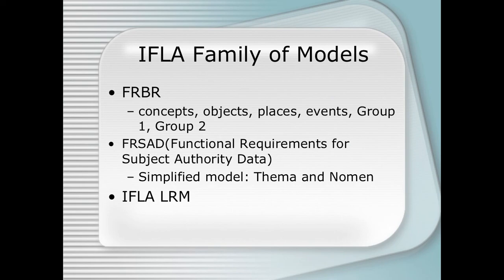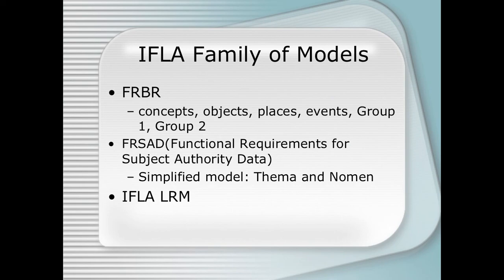Things were a little bit different under FRSAD. The model for subject access was quite a bit simplified. Basically there were two primary entities involved in the subject relationship. There was something called a thema, which is any entity that is used as the subject of a work. And then nomen was the term for a name by which an entity is known.